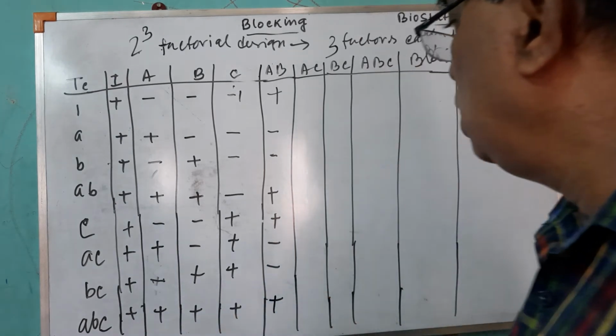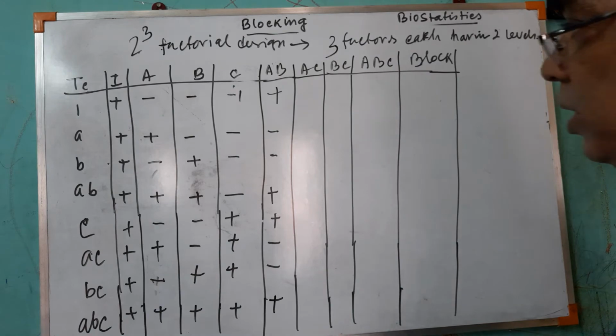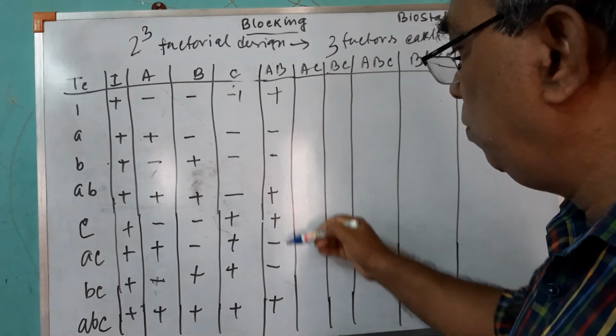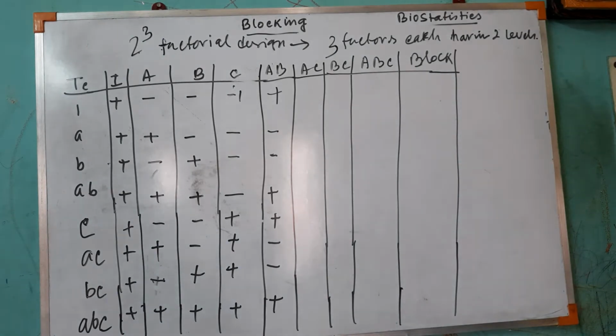You have to see that among 8 treatment combinations there will be 4 plus and 4 minus. 1, 2, 3, 4. This is AB.